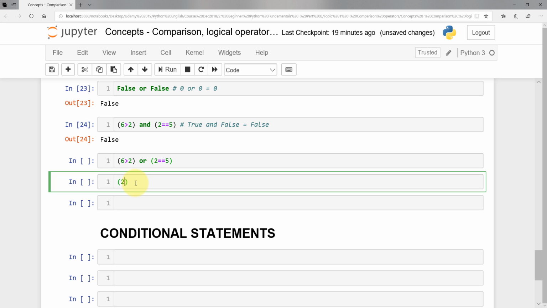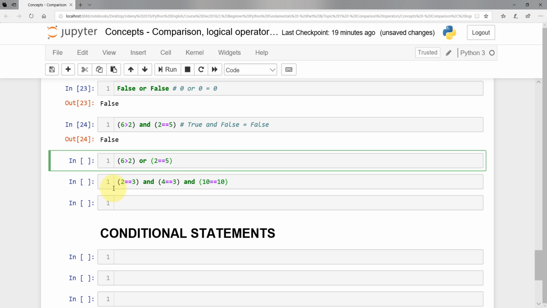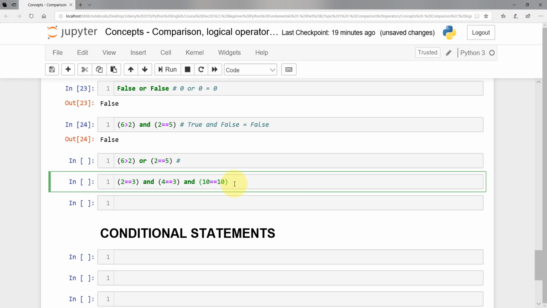I'm going to say, is 2 equals 3, and is 4 equals 3, and is 10 equals 10? Please go ahead and pause the video, and without running these cells, let me know what you expect. Do you expect the answer to be false or true here, and false or true here? Please go ahead, and I'll see you after the challenge.